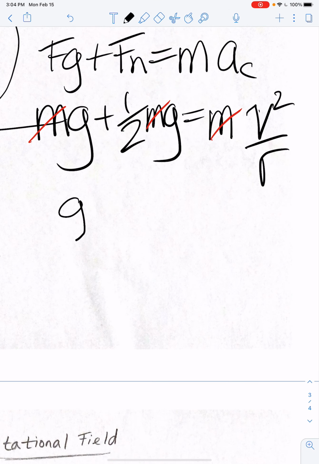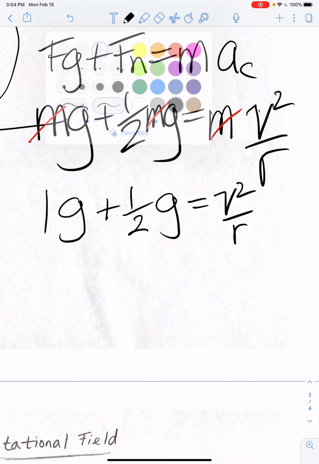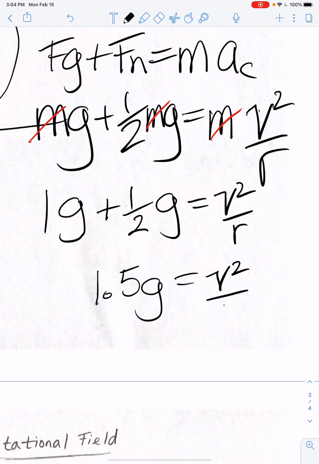So we end up with g plus half g is equal to v squared over r. So this is 1g. 1g plus half g is 1.5g, or 3 over 2 g. I'm just going to write 1.5g is equal to v squared over r.